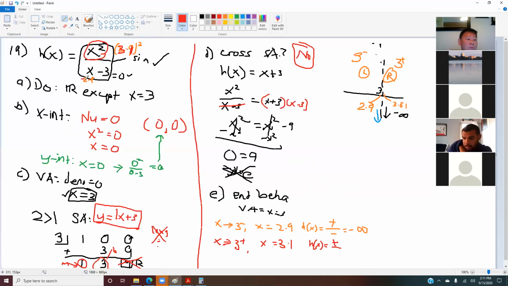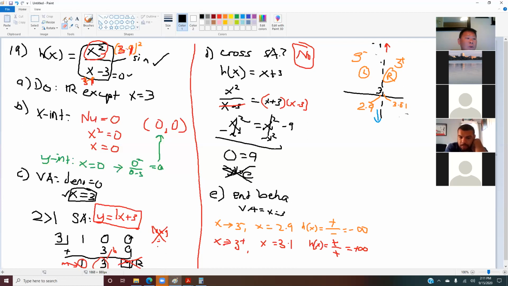And then 3.1 minus 3 is also positive. So that means this will also go to positive infinity. What it's telling me is that when this graph approaches 3 on the right-hand side, it will go to positive infinity. So this is part E, which a lot of students have difficulty with.